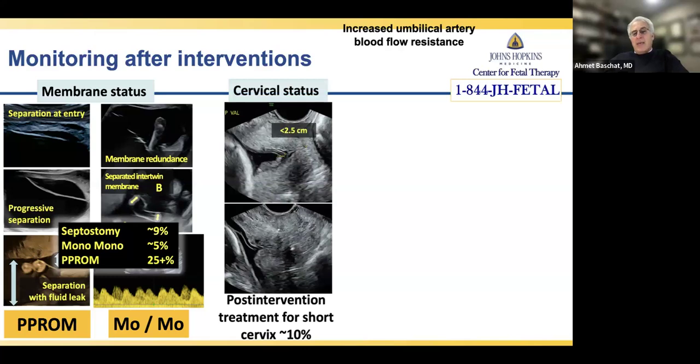The other thing is that there is a significant portion of patients that might experience cervical shortening, and about 10 to 12% of our patients do get post-intervention treatment for short cervix, either by placement of a pessary, cervical cerclage, or progesterone administration. That is more likely in those patients that present with a cervical length less than 3 centimeters before the laser.